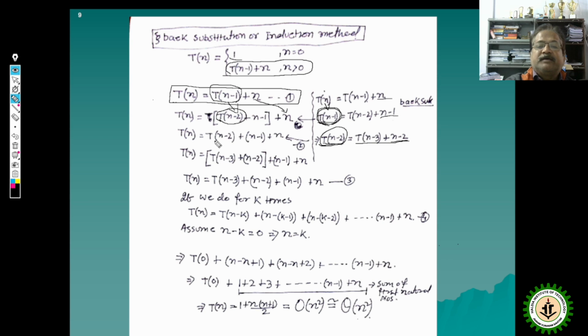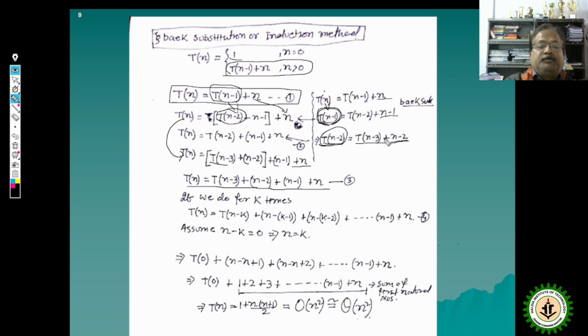So directly you can say Tn minus 3 plus n minus 2 plus n minus 1 plus n.